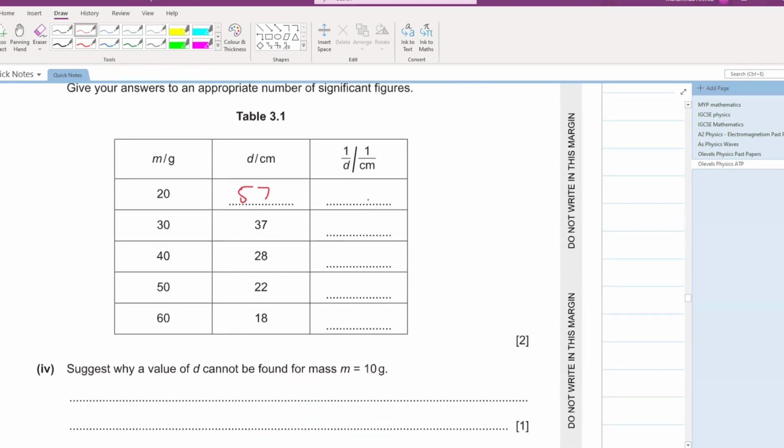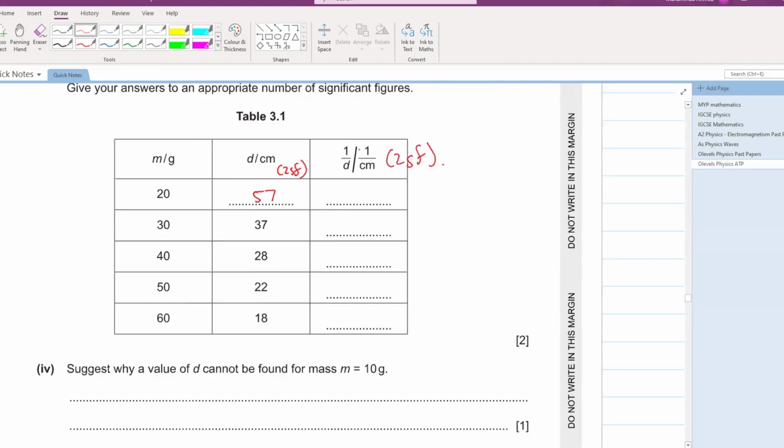Now realize something. Can you observe that the values of d are in two significant figures? All the values of d are in two significant figures. So all your values of 1 over d will also be in two significant figures.